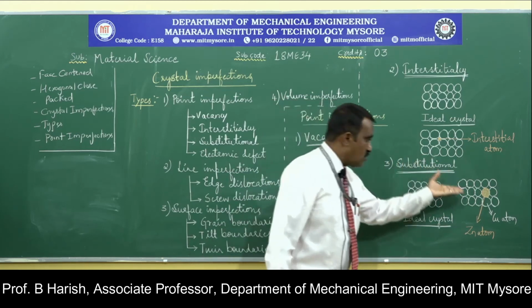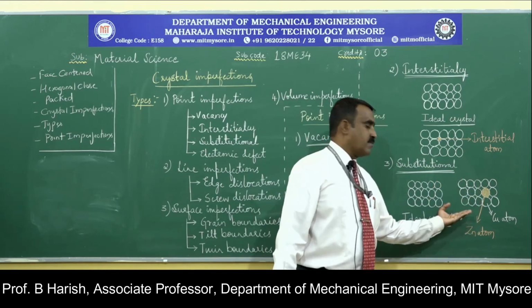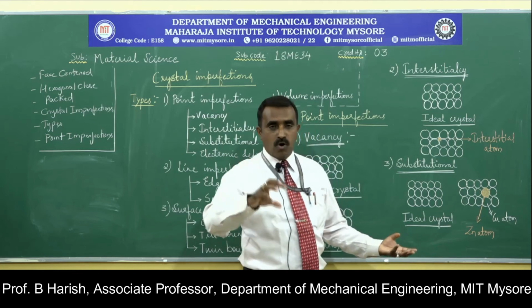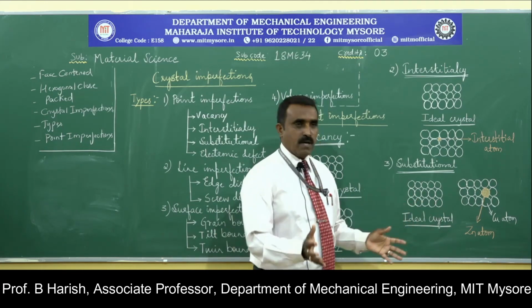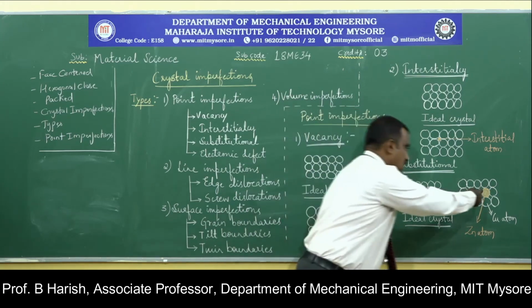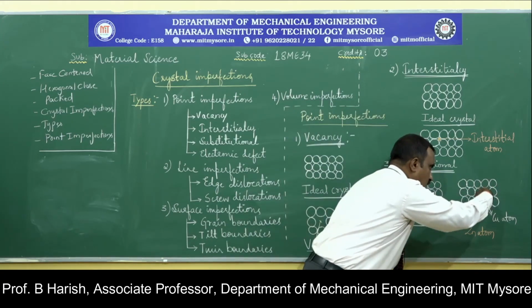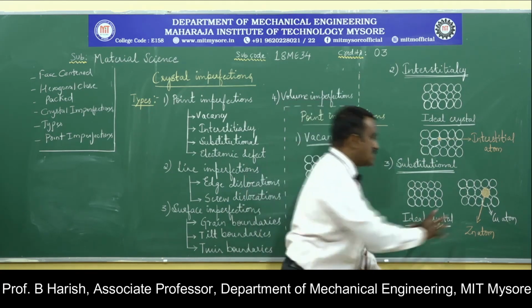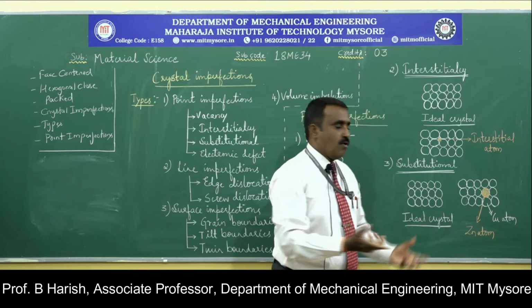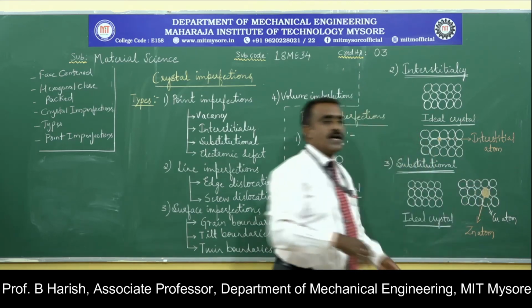Here the zinc atom, the substituted atom, can be smaller in size or it can be bigger in size. Whichever it may be, if it is smaller, the immediately surrounding atoms get compressed. If it is bigger, these are moved out. Once again the next line of atoms surrounding it gets disturbed.